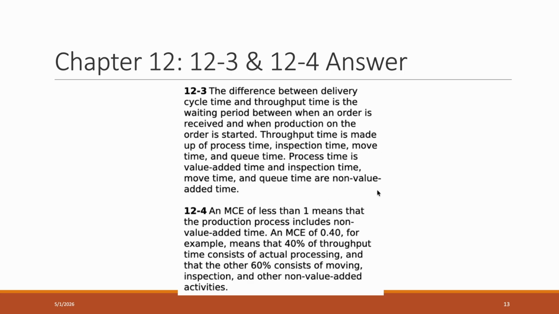So I would definitely know that throughput time has 4 components, and of the 4, process time is value added time, and the remaining 3, inspection time, move time, and queue time, are non-value added time. That's a good concept to review for the exam.